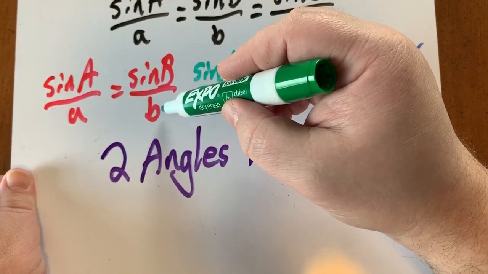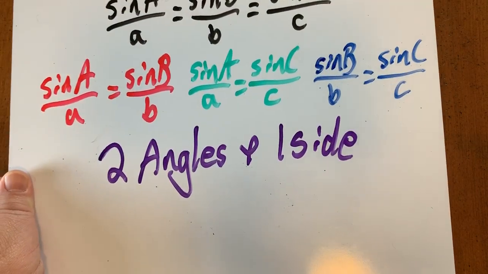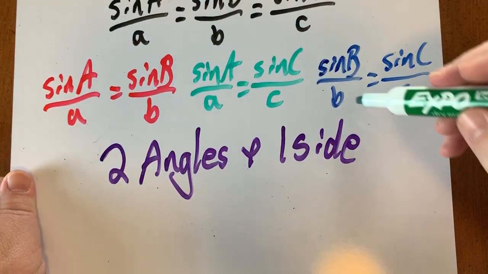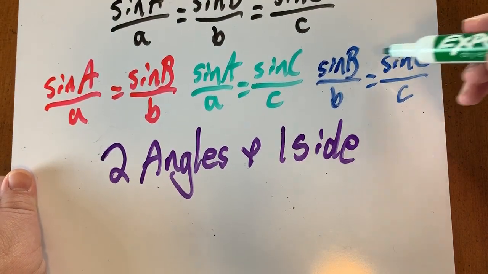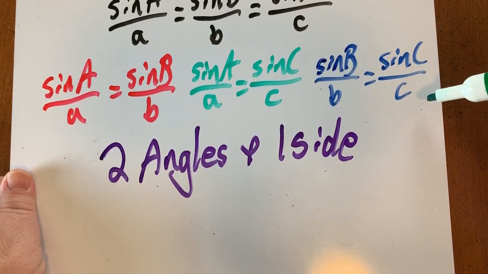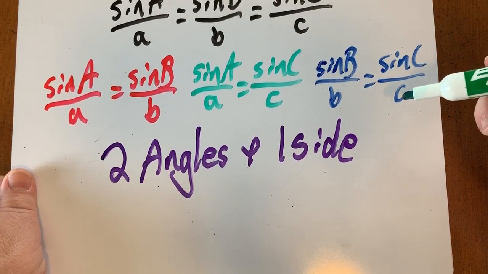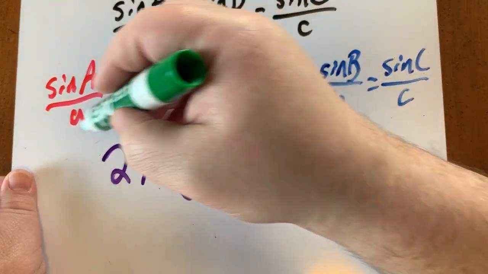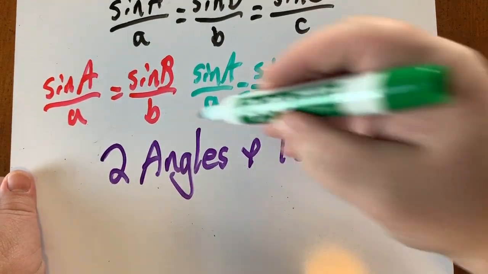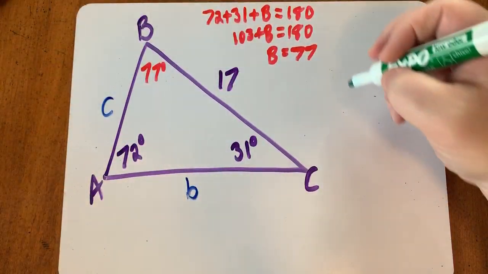So if we use this one, we have angle B at 77 degrees, we have angle A at 72 degrees, and we have side A. So we could use this one. For this one, we have angle B, we have angle C, it's 31, but we don't have side C. So if you tried to use this one, you would have two unknowns, so you wouldn't be able to solve it. But this one, you would only have the B as the unknown. So we'll be using sine of A over A equals sine of B over B.